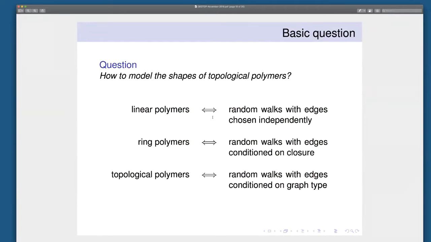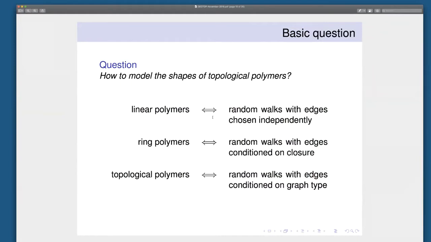So before I start setting up the model, let's just think about that for a moment. If you have a ring polymer where the edges are conditioned on closure, what you want is for the sum of the edge vectors to be 0. So somehow you've got to restrict your choice of edge vectors by a linear condition that their sum is 0.